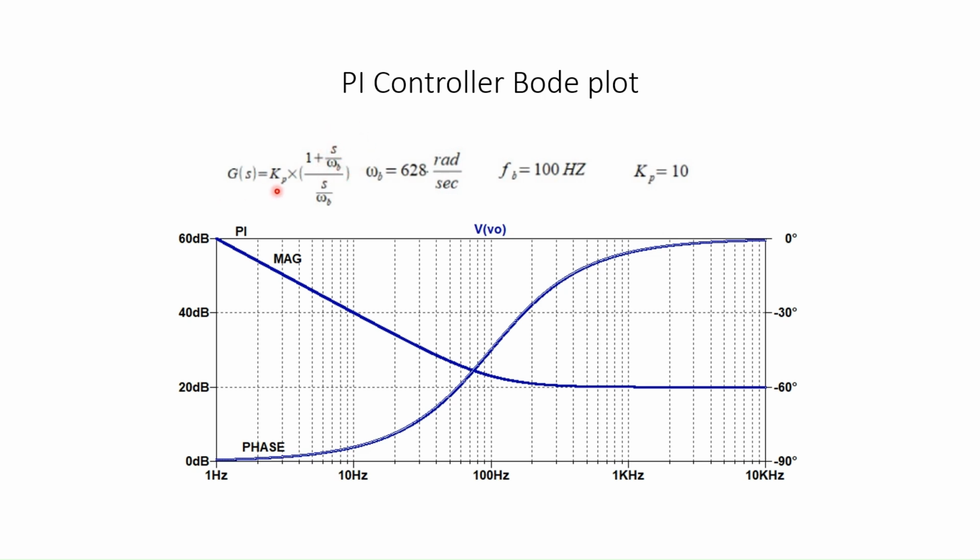So G(S) will be Kp divided by S by omega b. So there is only the S term, which is nothing but j omega. So the phase will be minus 90 and the magnitude, as omega is in the denominator, will be falling at 20 dB per decade from origin.